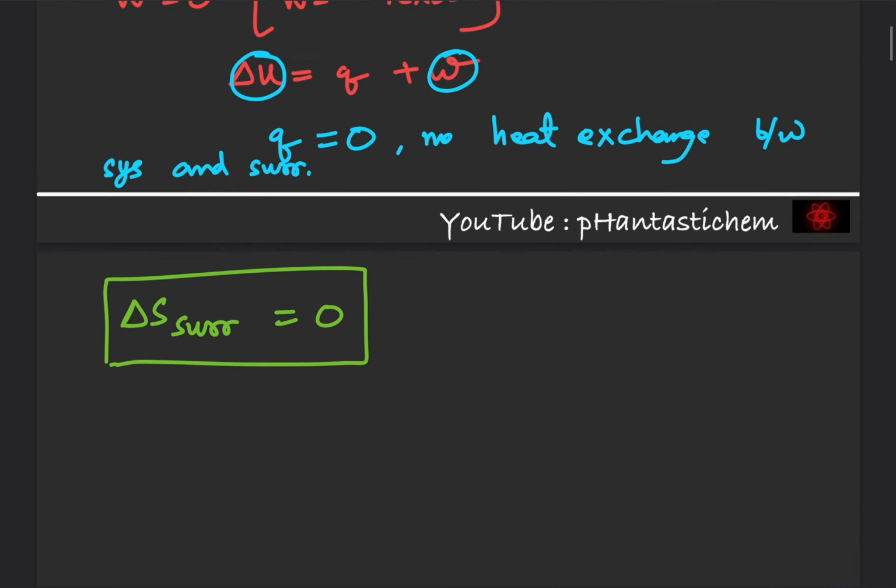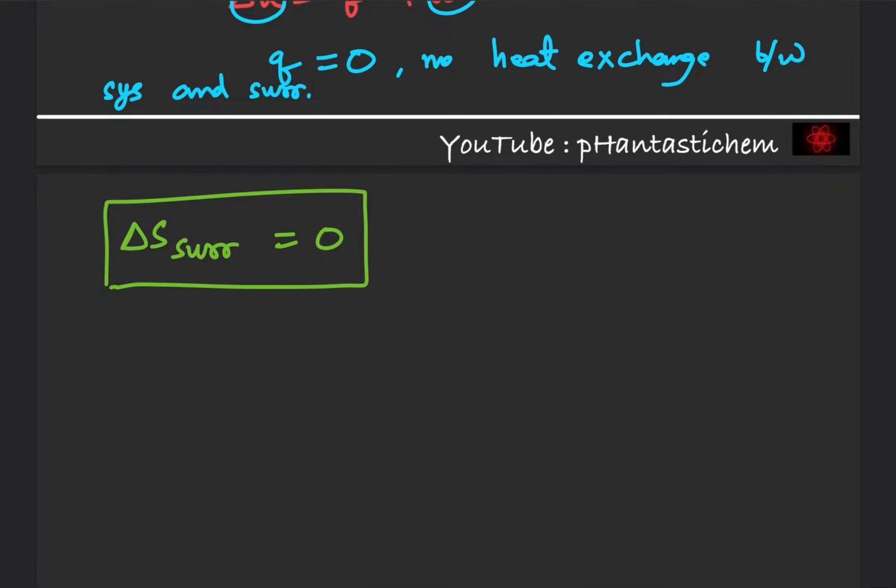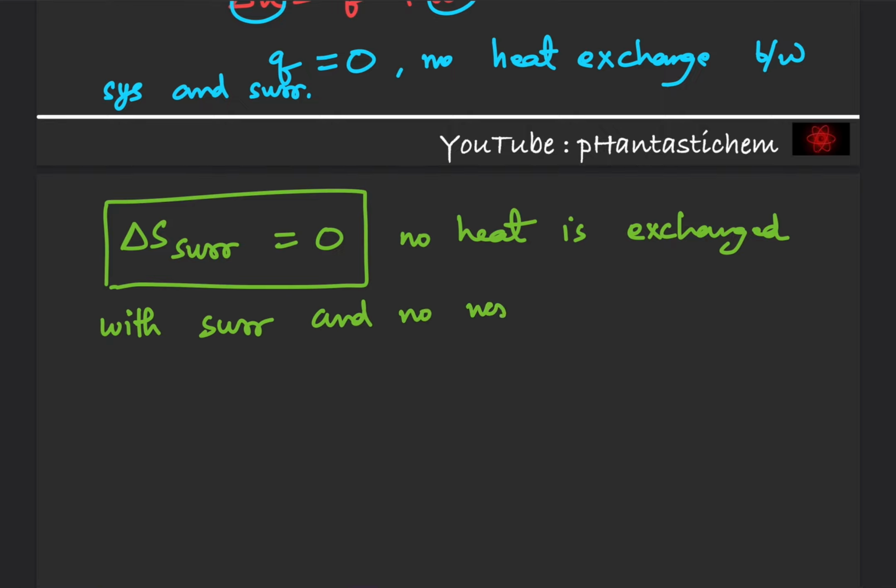Okay, so I will write that down. Delta S of the surrounding is 0 because no heat is exchanged with surroundings and no work is done on or by the surroundings on the system.